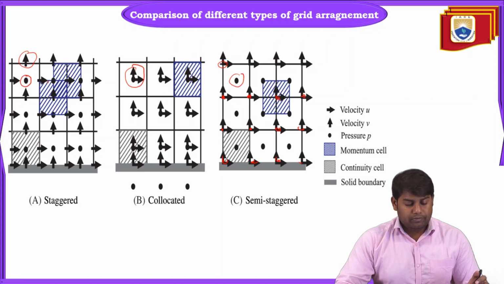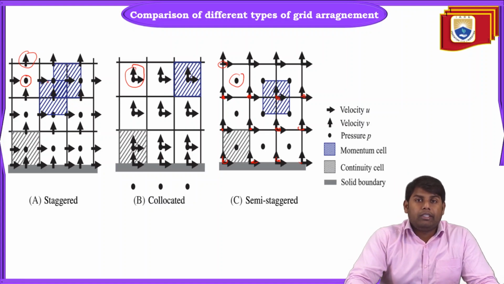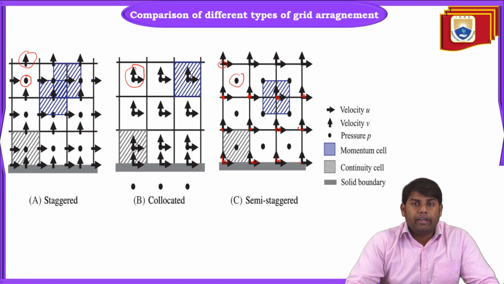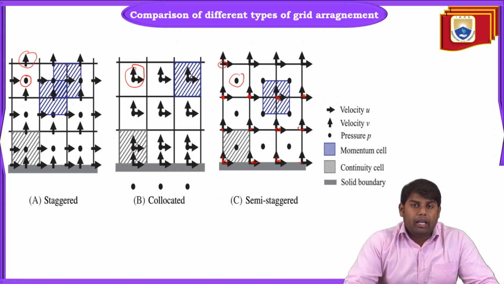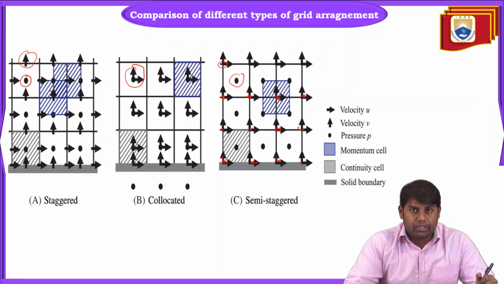Okay. So this is all about the arrangement of flow variables in the mesh or the grid. Now, what happens when the simulation starts? When the simulation is started, let's say from t equal to 0 seconds or 1 second or 2 seconds, the initialization happens where the initial values of pressure, temperature, density, velocity are stored at the appropriate locations.